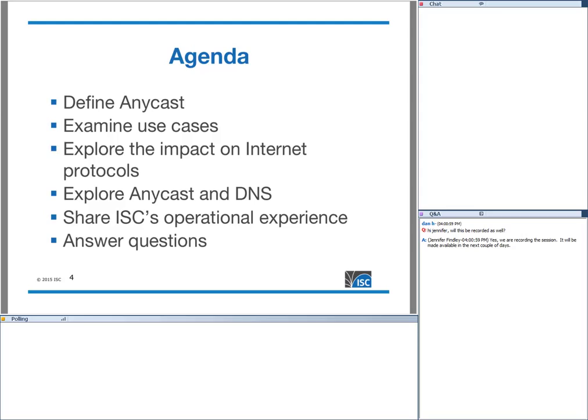And then we'll especially go over our experience with Anycast. Here at ISC, we operate one of the root name servers, FRoot, and we also operate a service called SMSPE, which we'll go over both in more detail, but both are implementations of Anycast with DNS. And then we should have time for a number of questions.